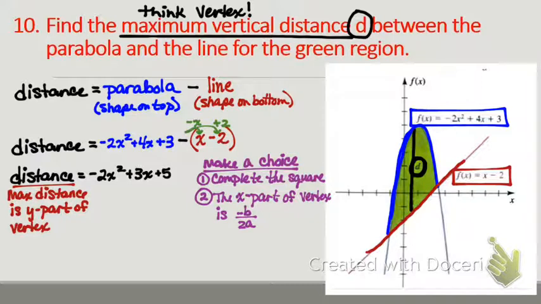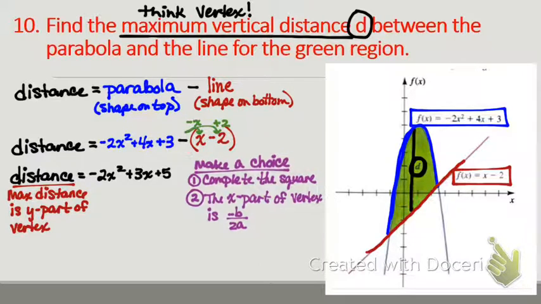Does that look like a piece of the quadratic formula? What part's it missing when we talk about quadratic formula? Plus or minus. Yeah, plus or minus the square root of our discriminant. So it's the negative b part and then it's the denominator part. That will give me the x part of the vertex. And since I'm in general form right here, if I can find the x part of the vertex, all I have to do is substitute that in, and I can get that maximum distance, the output. So this is the one that I want to practice right now.